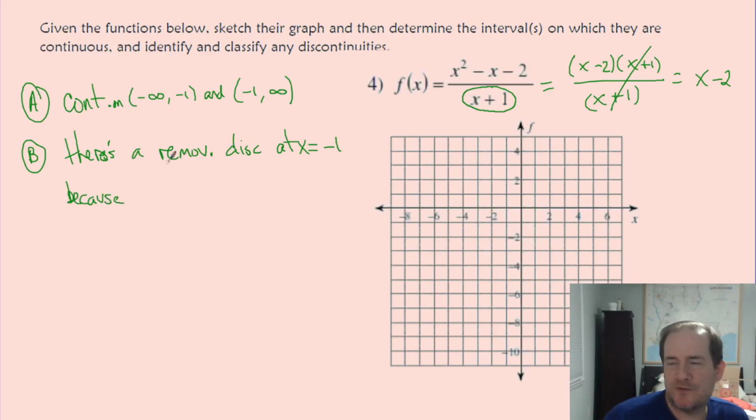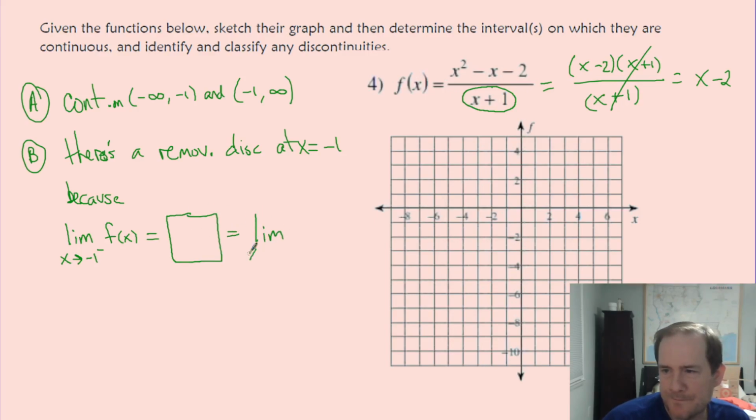And again, to prove a removable discontinuity using limits, you have to show that the left-hand limit equals the right-hand limit, but does not equal the function. So it would be the limit as we approach -1 from the left. That's going to equal some value. And we can show that that value is the same as the limit as x approaches -1 from the right.